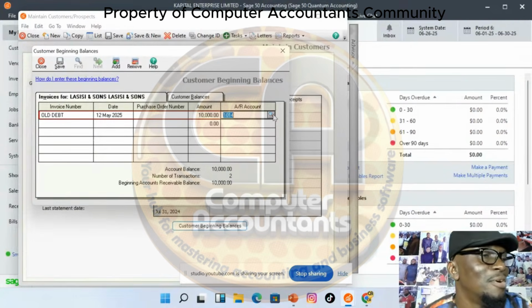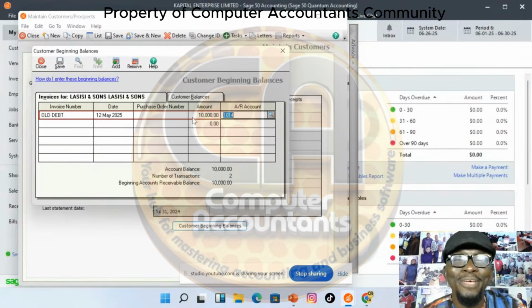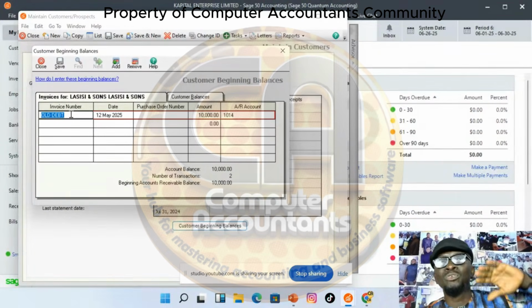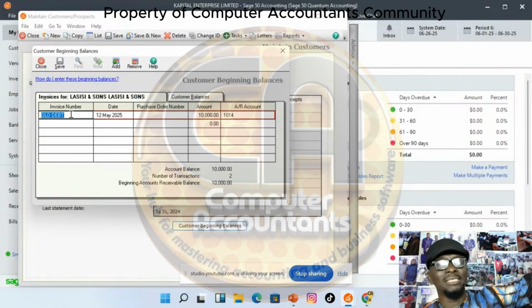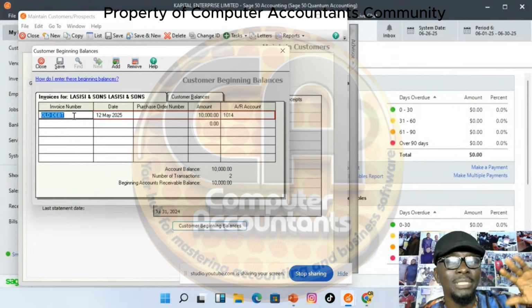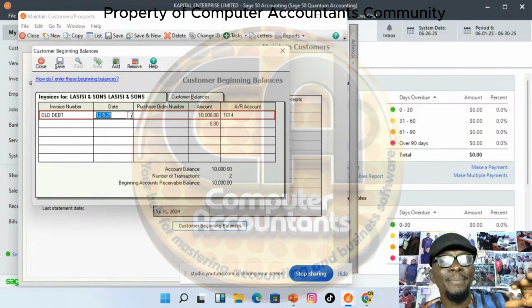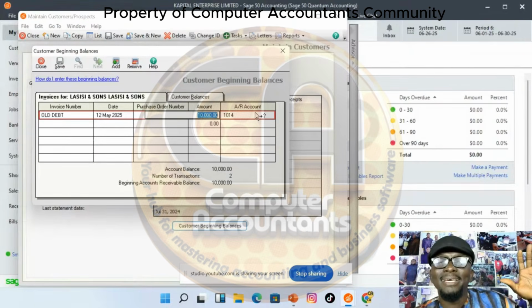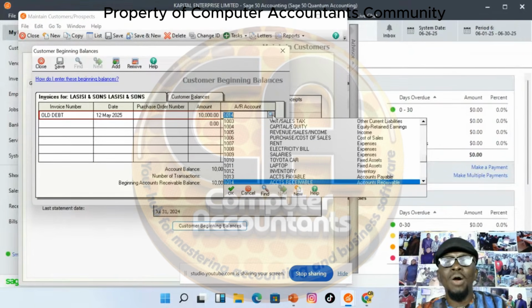Okay. Oh, thank you. So you can see invoice number. I can't locate the old invoice of that old transaction, so I have to replace it with old debt. Then maybe possibly the date. Okay, last month. It can be any date last month. Then the amount he's owing. Then you link it to account receivable. So you can see the AR account. AR means account receivable.